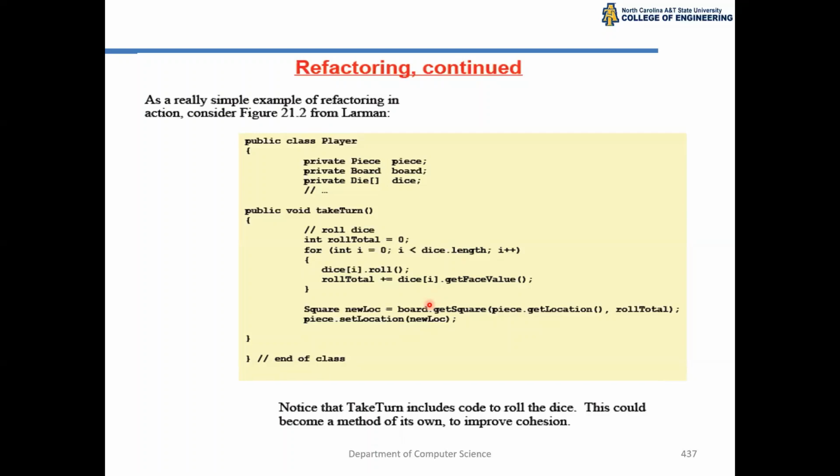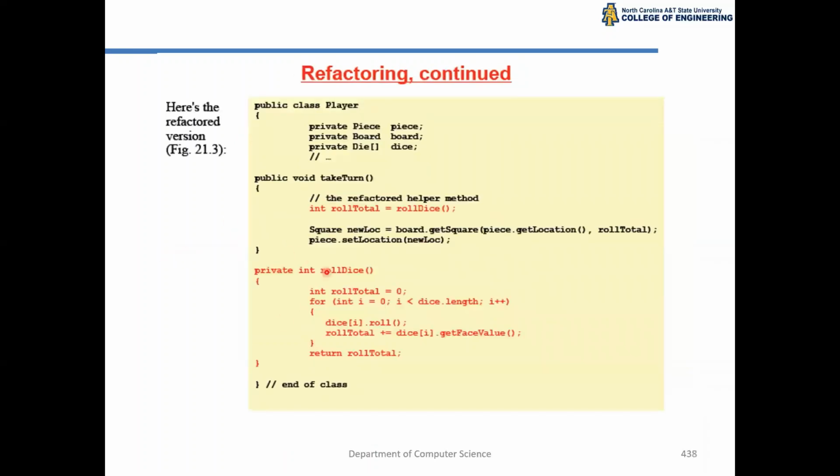How can you fix it? You can use the extract method. Instead of having one long method take turn, you can convert it to two small, shorter methods. Take turn, and rolling the dice, and you just call it here.